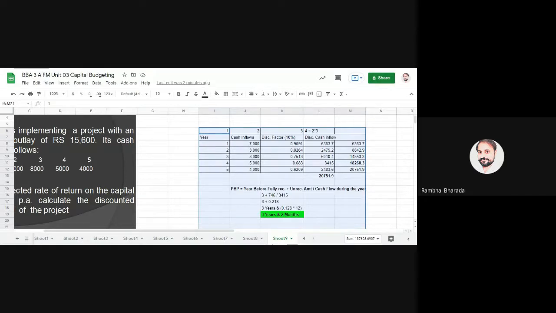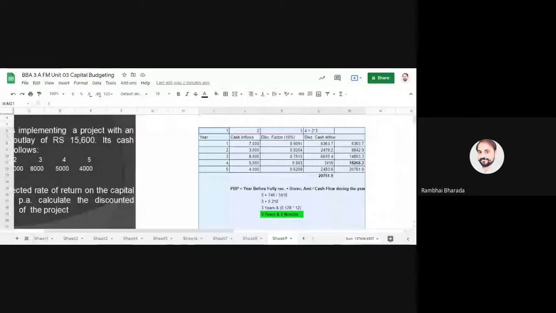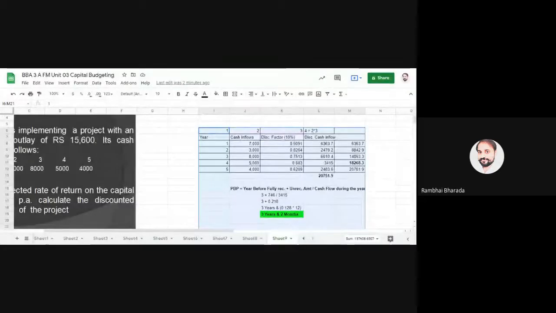The project with fewer years is accepted. If we have A and B, and suppose B gives 4 years and 1 month, then your answer must be A, because A has 3 years. Are we clear about the variation?